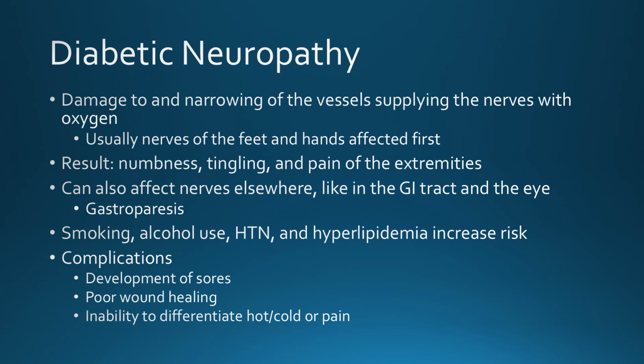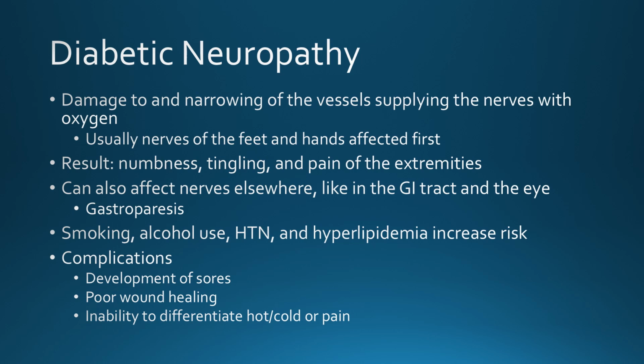It can't speed up that process. So just keep that in mind. It's not just the extremities that we're thinking about here. Anything that can cause damage to the vessels, so smoking, alcohol use, hypertension, high cholesterol, can increase the risk and increase the rate at which this develops.